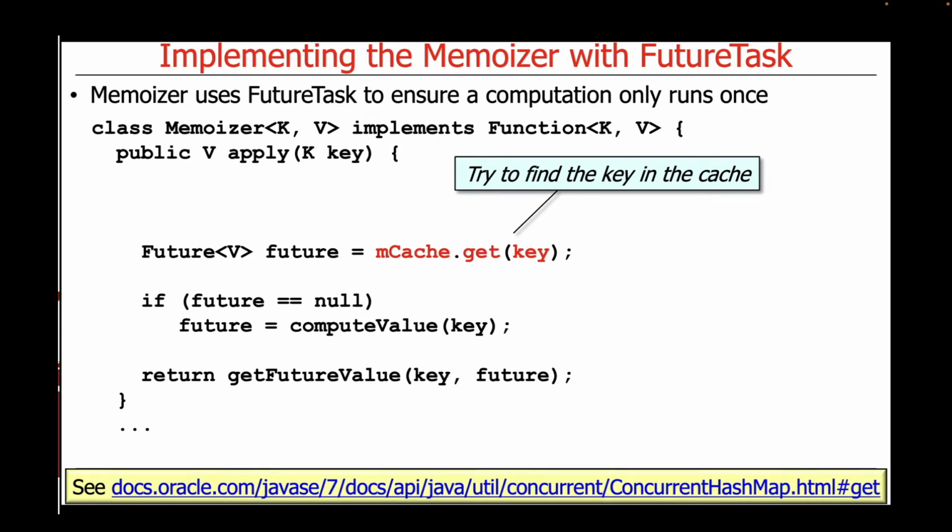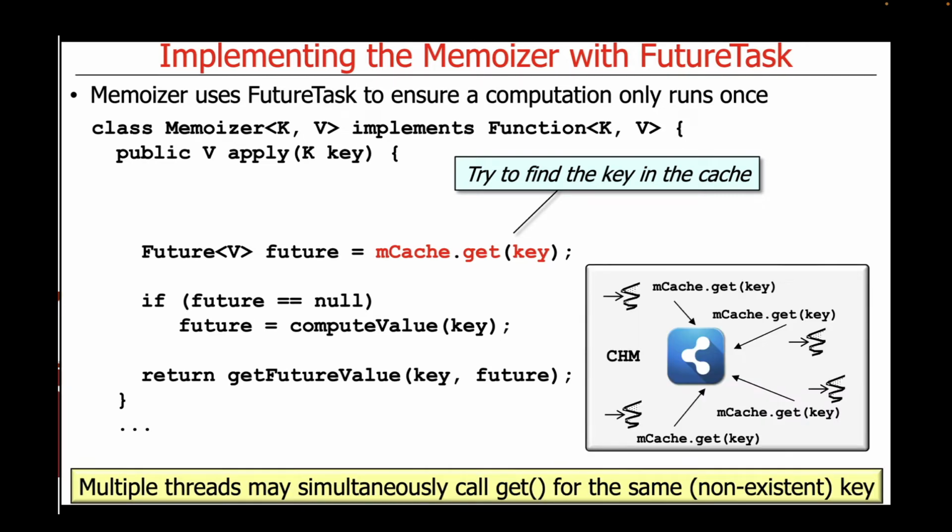So here's where things get really interesting. The first thing we do is we use our ConcurrentHashMap and we say, hey, please get me the value associated with this key, if there's anything in there, because it might be the first time, in which case there's nothing in the map yet. So we call get, and this whole thing is being used to protect against the case where multiple threads all call get at exactly the same time on multiple cores with the same key.